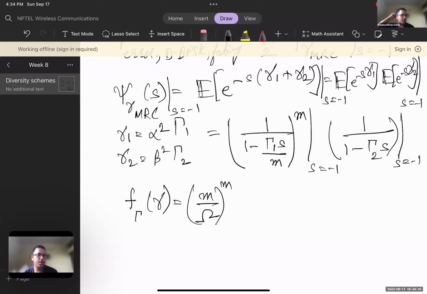Yeah, it is there in lecture 34. So gamma to the power n-1 divided by the gamma function, the standard gamma function.